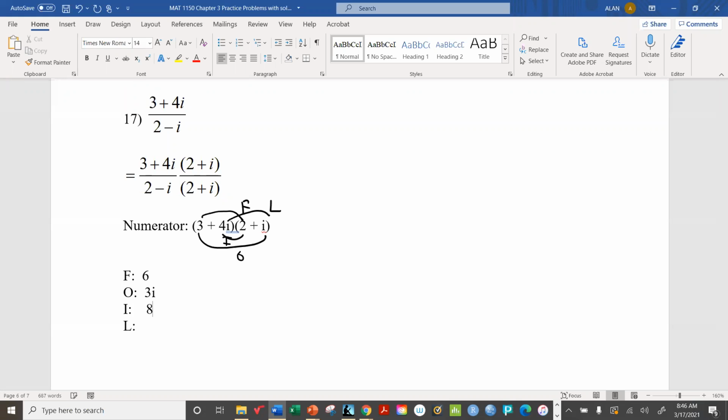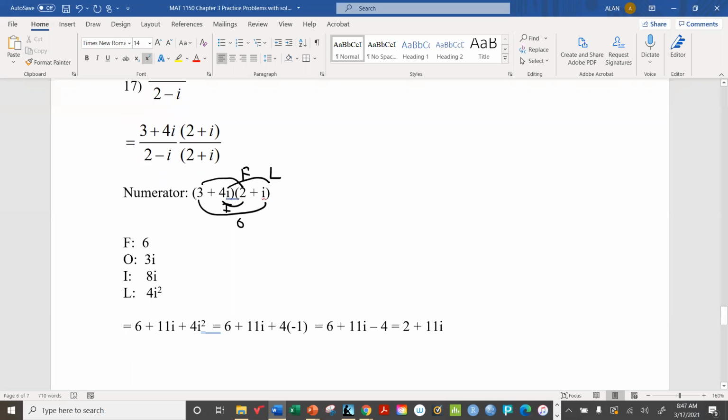I is 8i. And then finally, last is 4i squared. Here we go. All right, so what does that give us? 6 plus 11i plus 4i squared. And of course, that last piece will be replaced. That i squared is negative 1. So we've got 6 plus 11i minus 4 equals 2 plus 11i.